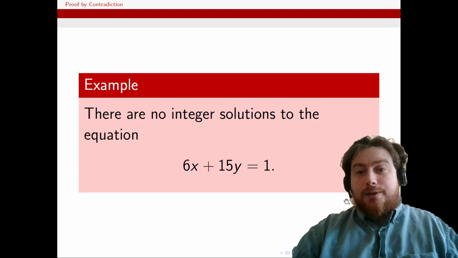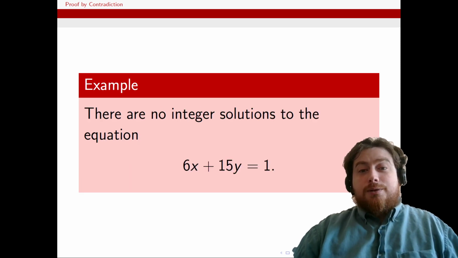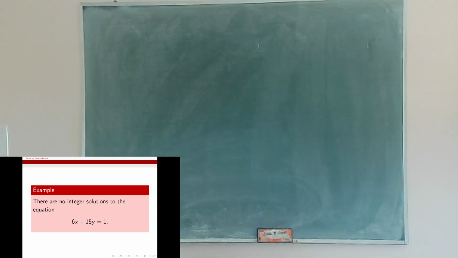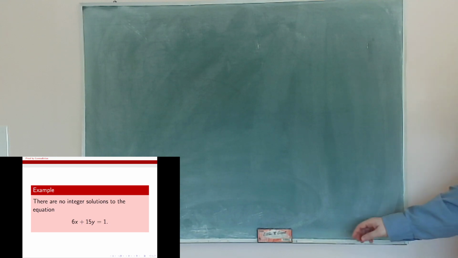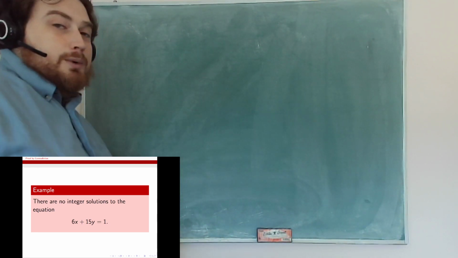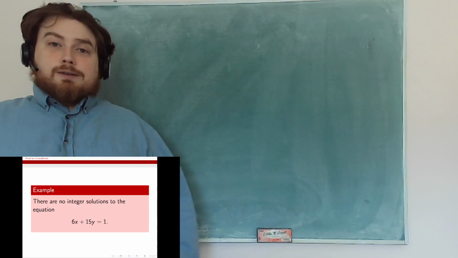Let's go ahead and look at an example of that. There are no integer solutions to the equation 6x plus 15y is equal to 1. The point is I want to prove that there are no integer solutions. So by way of contradiction, I'm going to assume that the negation of this statement is true.